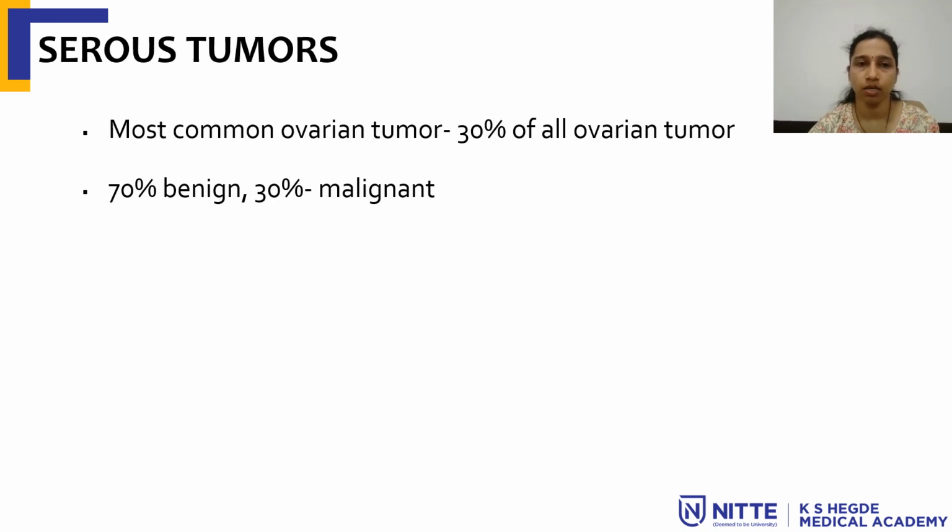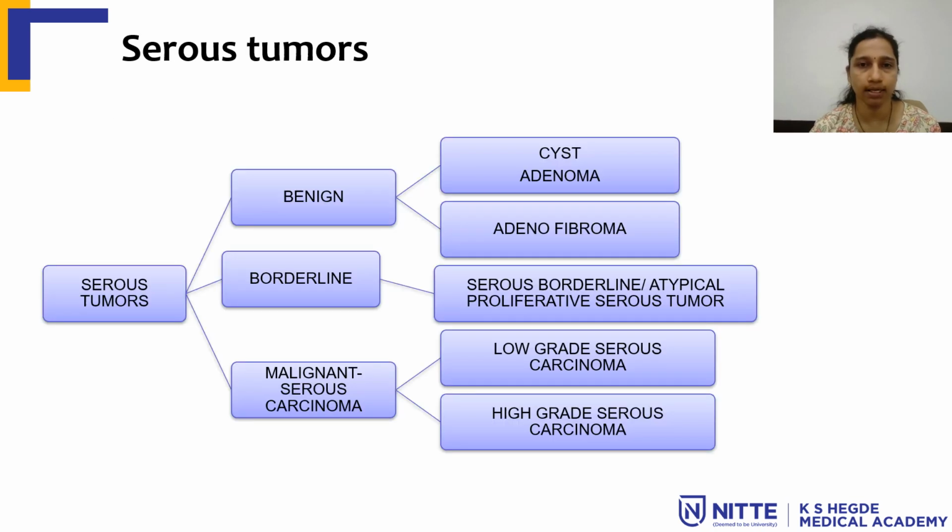Coming to serous tumor. They are the most common ovarian tumor, which accounts for 30% of all ovarian tumors. So 70% of these are benign and 30% of these serous tumors are malignant. So serous tumors can be subclassified as benign, borderline, and malignant. So benign, again based on the cystic and fibrous component. If it is predominantly cystic, it is cystadenoma.